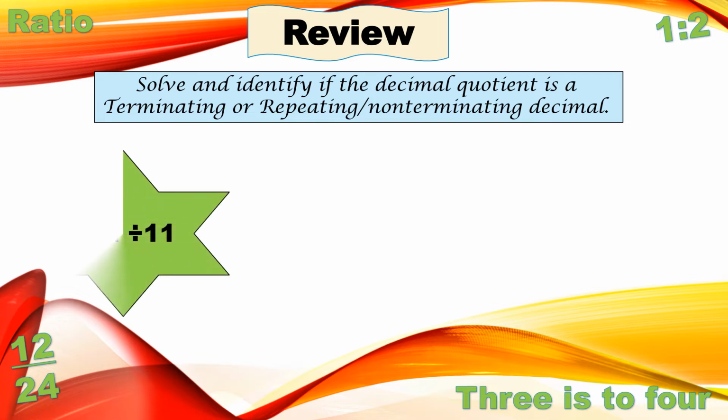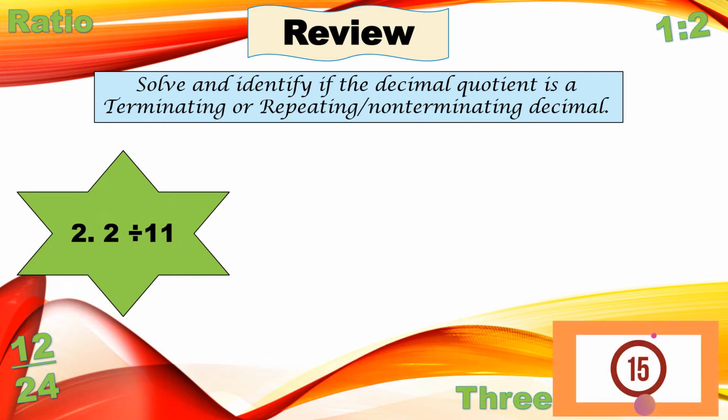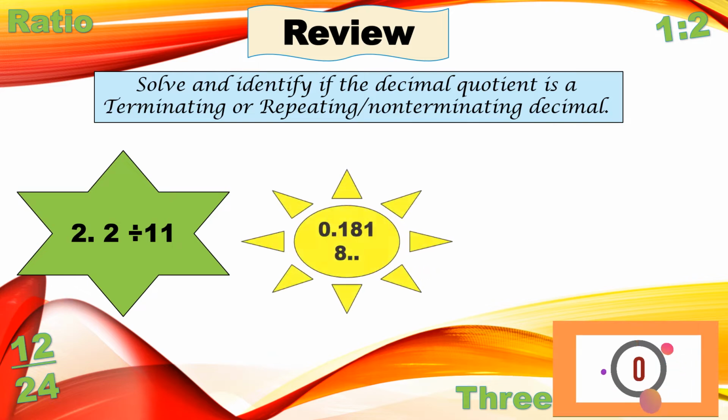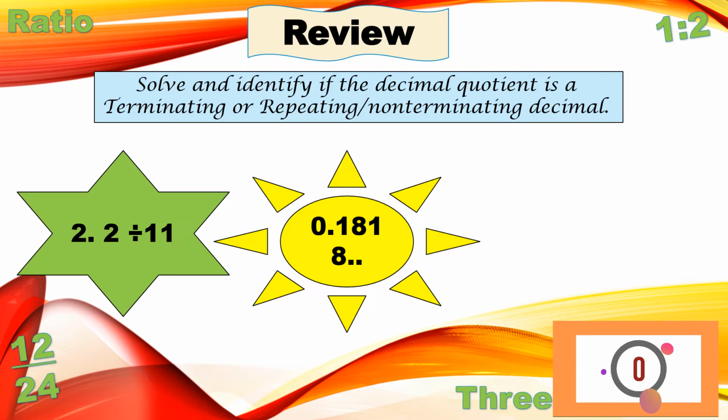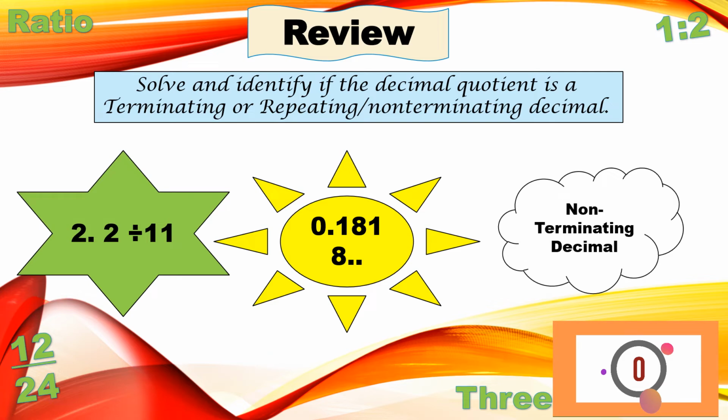Okay, next, number 2. 2 divided by 11. Go. So the answer is 0.1818 and so on. So this is an example of a non-terminating decimal.